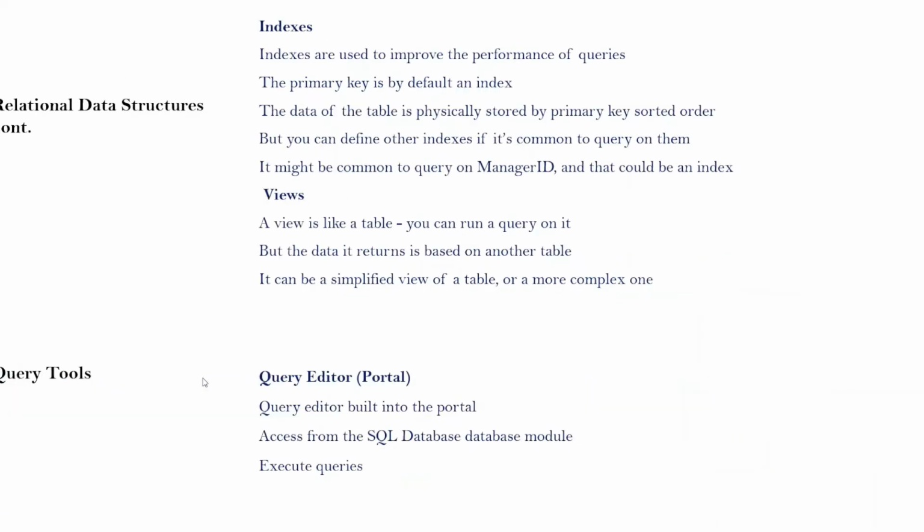So next, as I said, indexes. What are indexes? Indexes are used to improve the performance of queries. Let's say you are querying a table that stores more than 1 million records and is being updated day by day.